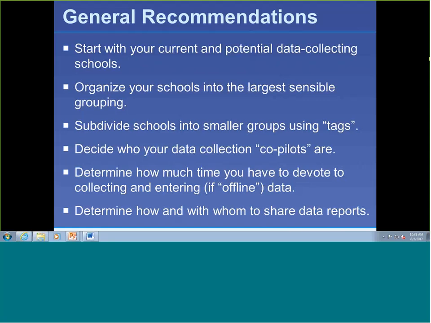And then how and with whom to share data reports. A lot of times what we see is that people put lots of data into the system, we don't have a lot of evidence for sometimes where they download the reports and actually get feedback, the results. So really being thoughtful about how you would share it and in what way you would do that, and then with whom you would share the data reports.